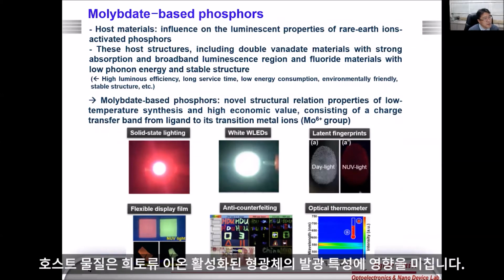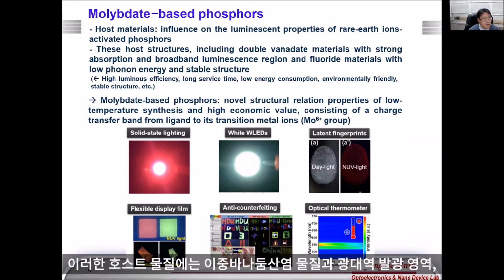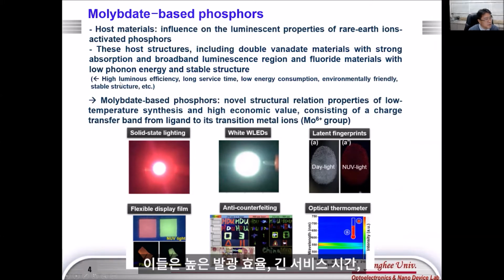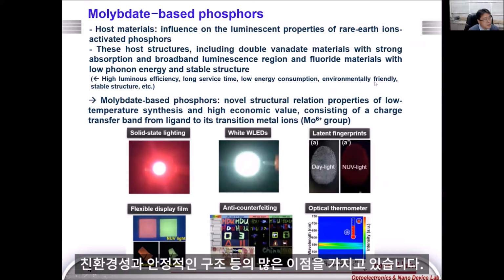The host material influences the luminescent property of rare earth ion activated phosphor. These include the double vanadate material with strong absorption and broadband luminescent region, and the fluoride material with low phonon energy and stable structure. It has many advantages of high luminous efficiency, long service time, eco-friendly features, and stable structure.